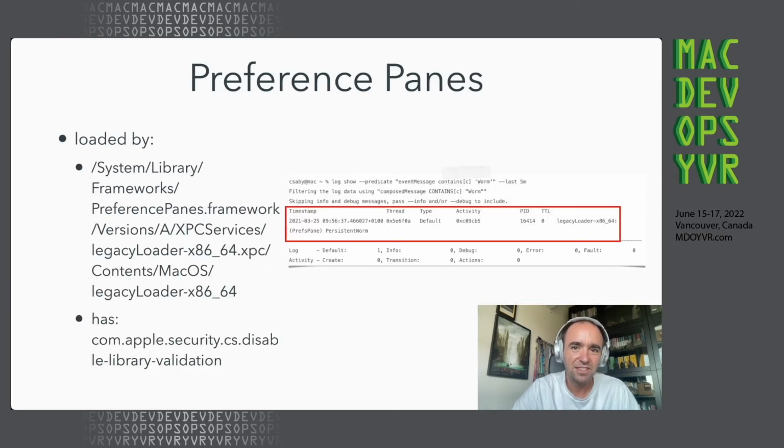Now, these preference panes, like the modules we install, will be loaded by the legacyLoader process, which doesn't really have any entitlements, only disable library validation, so it can actually run third-party plugins, and that's all.